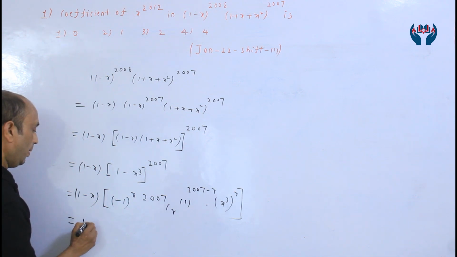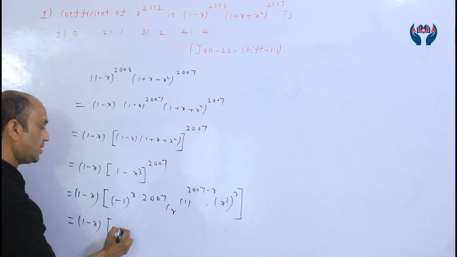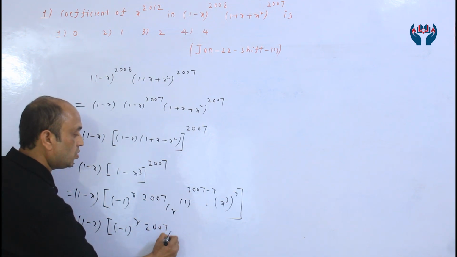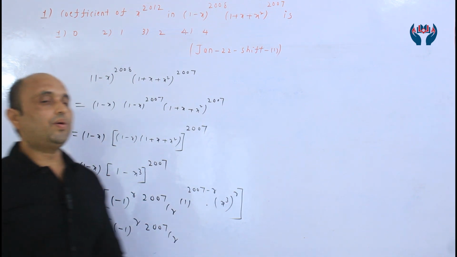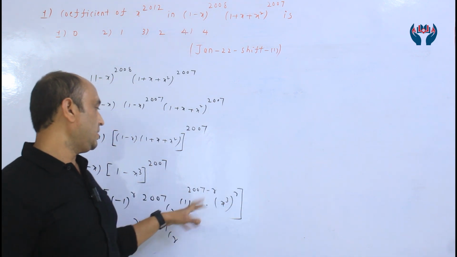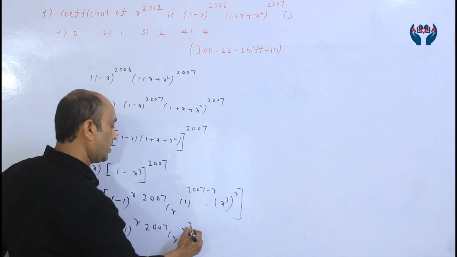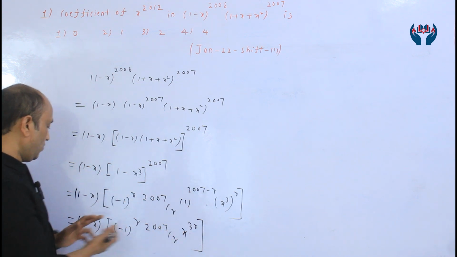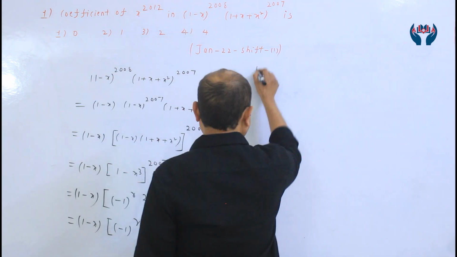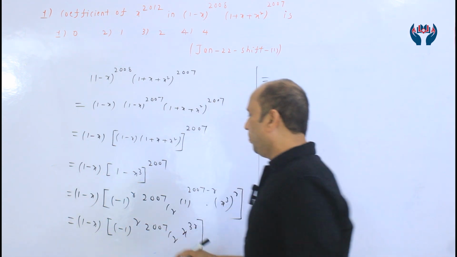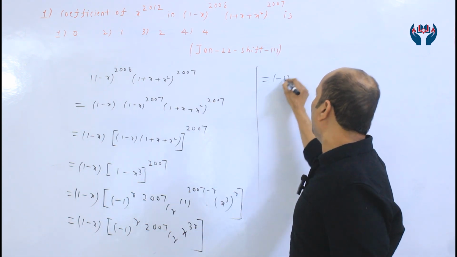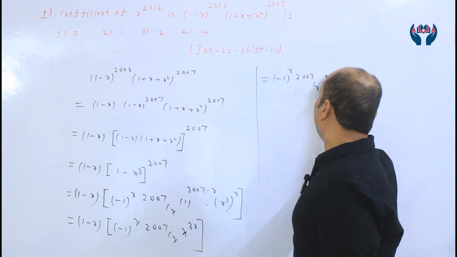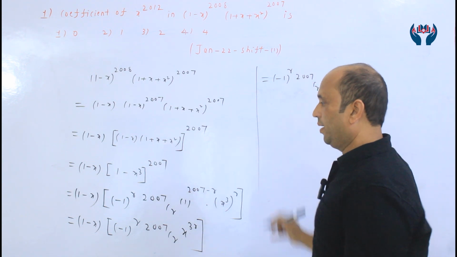So now (1 minus x) into minus 1 whole to the power of r, 2007 Cr, 1 to the power of 2007 minus r, that is 1 only. Here we get x to the power of 3r. Multiply this whole thing with 1, and we get the same term: minus 1 whole to the power of r, 2007 Cr, x to the power of 3r.